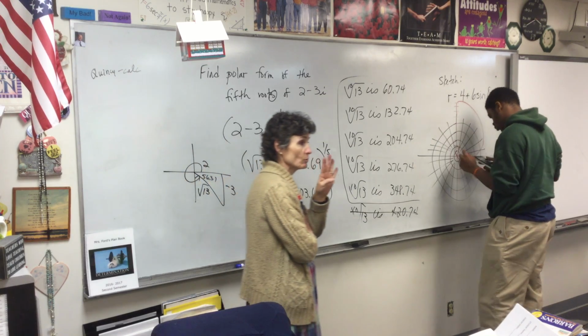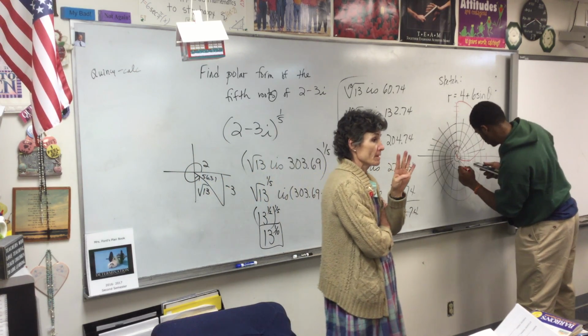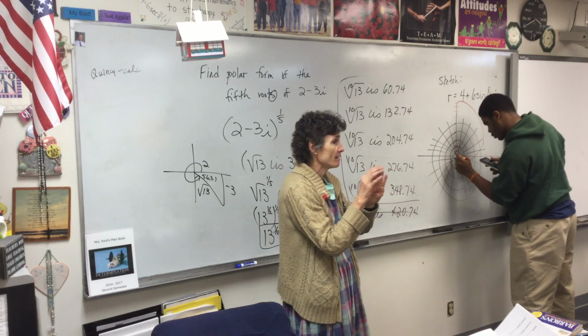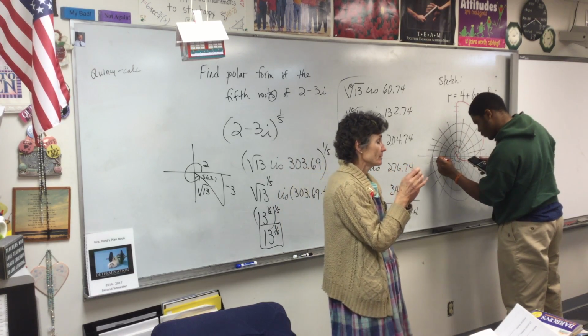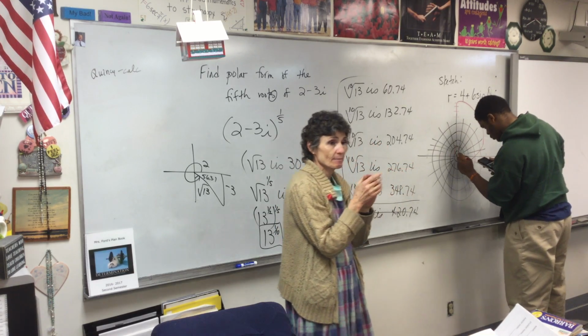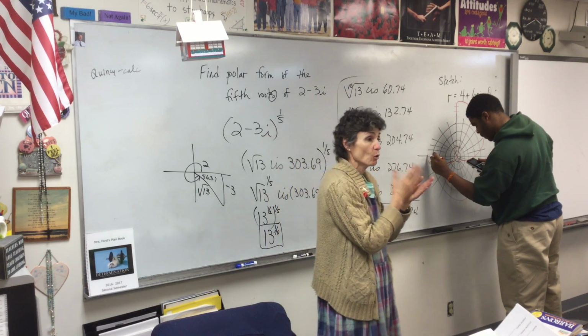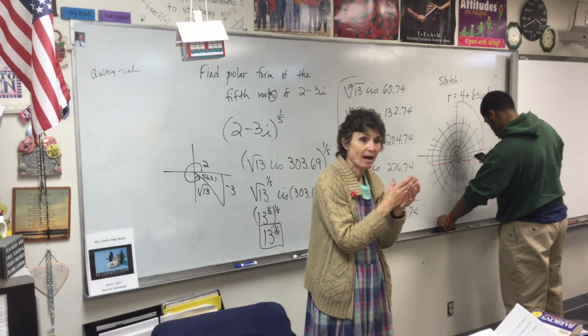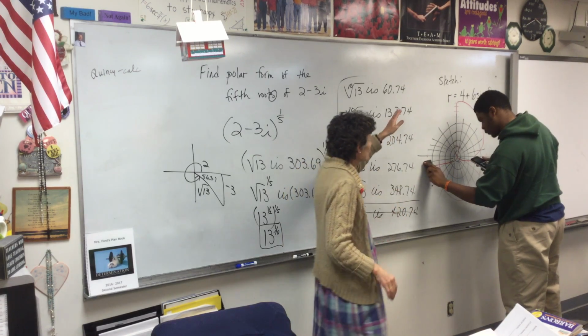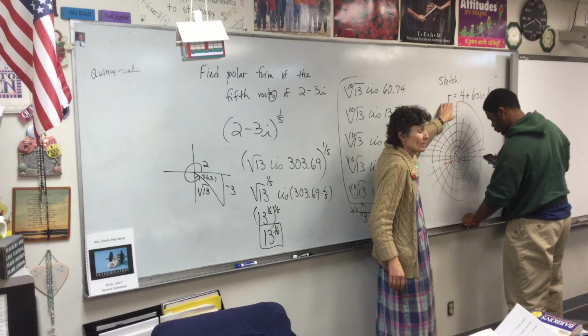What are the 4 classical curves? Limaçon, lemniscate, spiral, and rose. And we have talked about your ability to identify each of those. How do you know a limaçon when you see it?